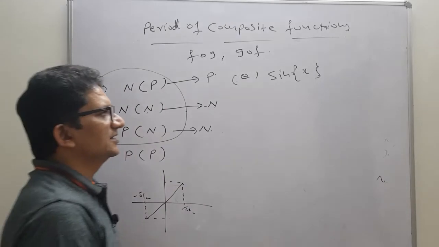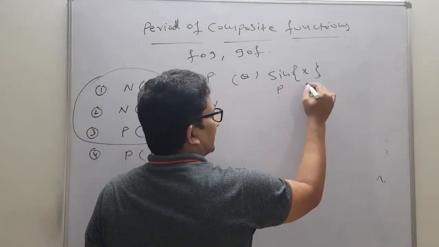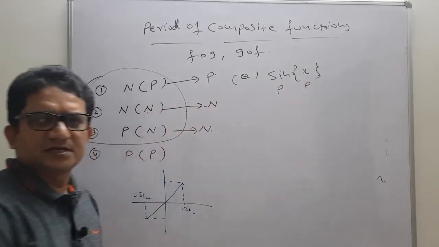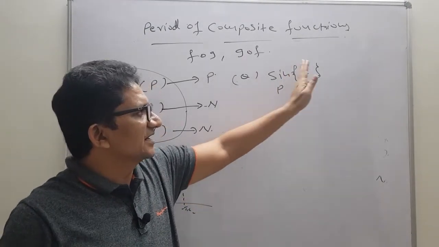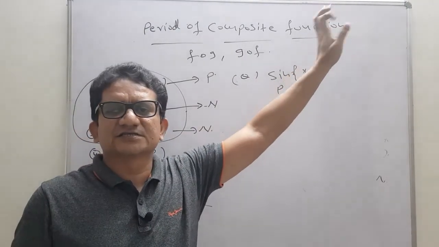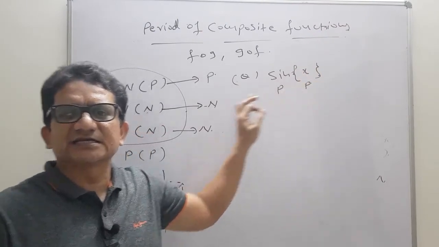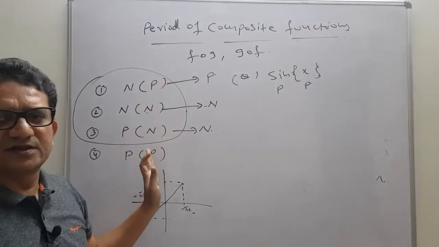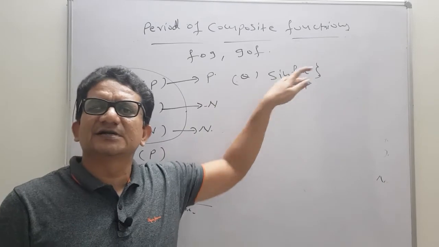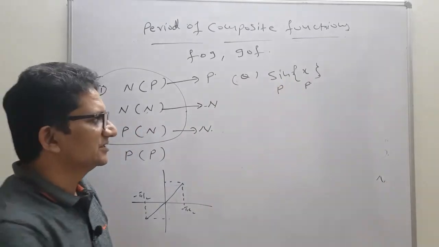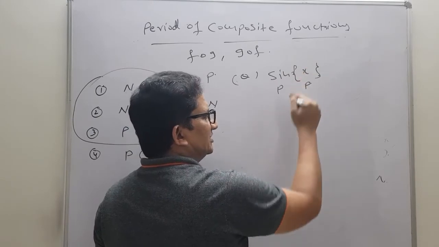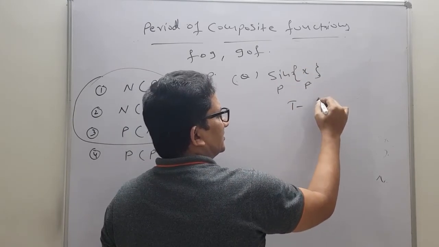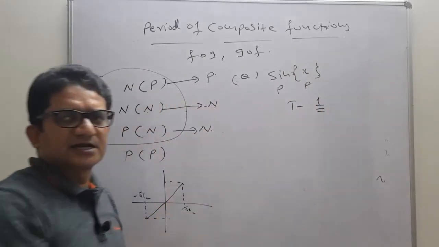This is periodic and this is periodic, but they are different categories of functions. Sin is a different category and the fractional part of x is a different category. In such a case, you just apply the law we applied for the others, that everything depends upon the inside function. The inside function is the fractional part of x, so its period is the result, that means 1.